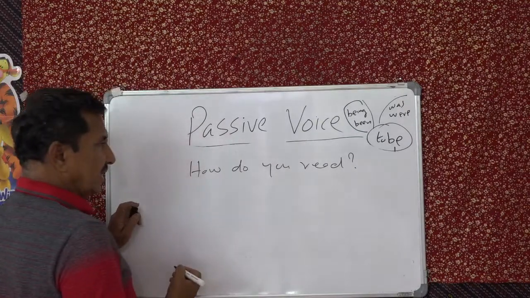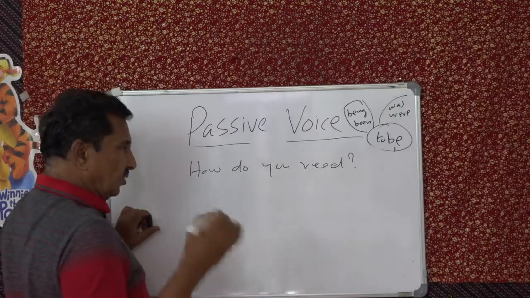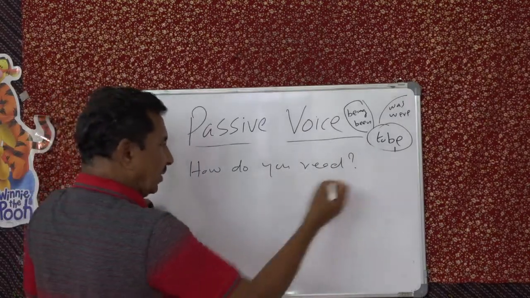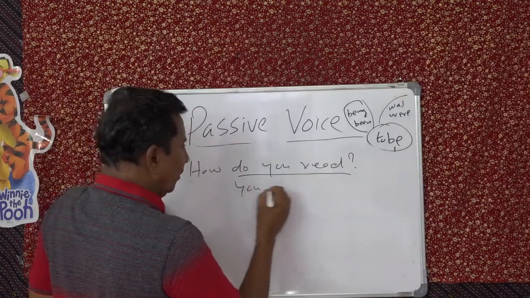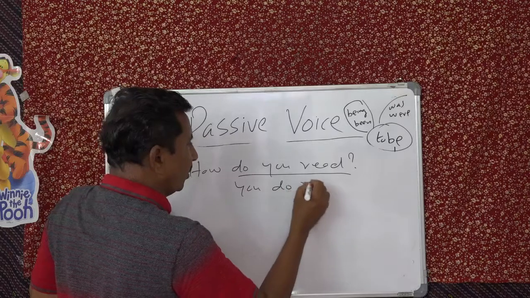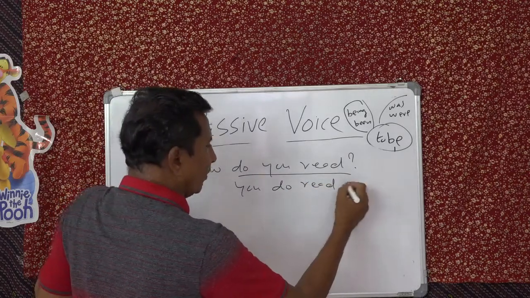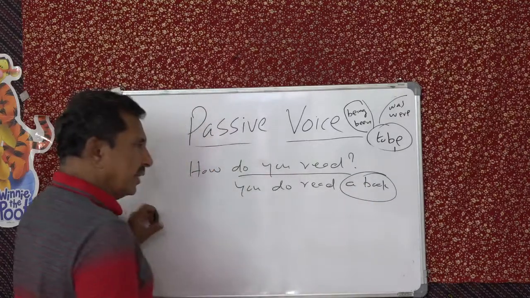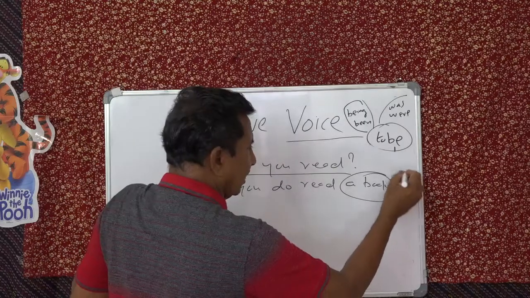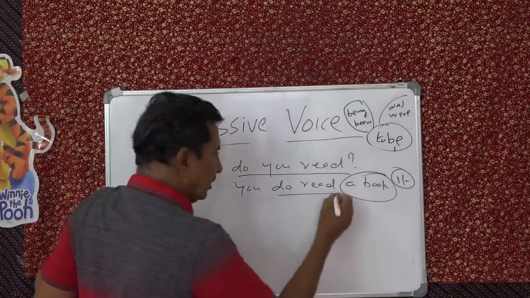Make it there. This is a question. How is a question word. So what should you do first? Try to make it a statement. The statement will be, you do read. You do read a book. Something you will do. Or you can say, how do you read it? Any of these. Then, do read is equal to read.